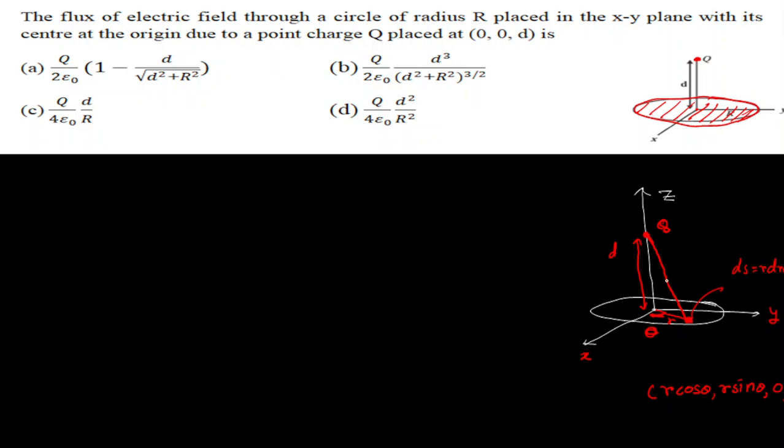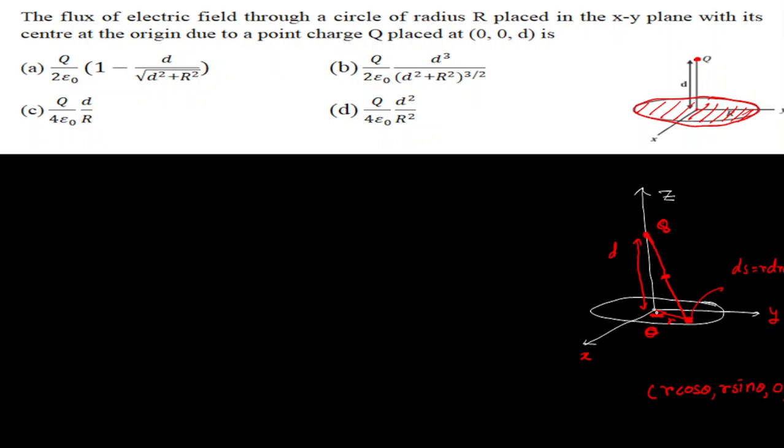For that, we have to calculate the distance of this point from the point where we have placed the point charge. So what will be this distance?